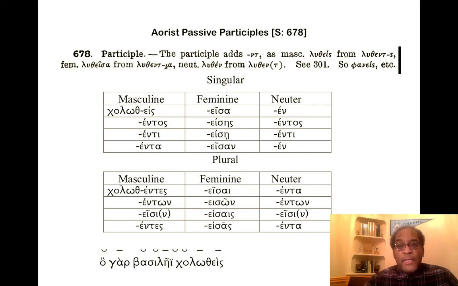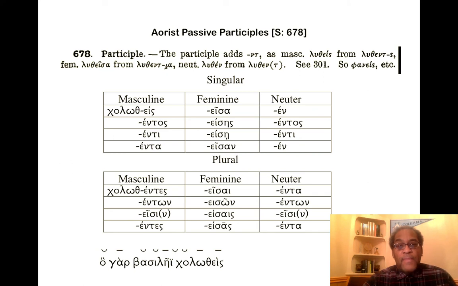But in the feminine, you are back in the first declension, a, es, a, an. And likewise in the feminine plural, ai, on, ais, as, all added to that, with the full form being asai, asohn, asais, asas.